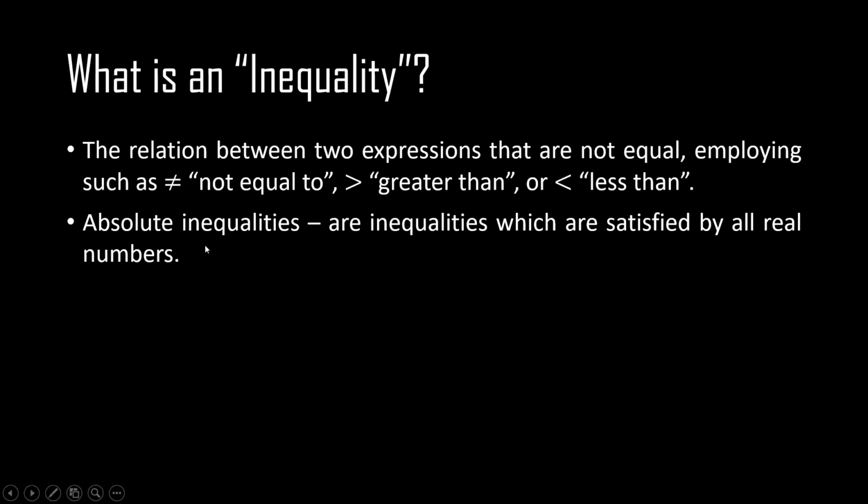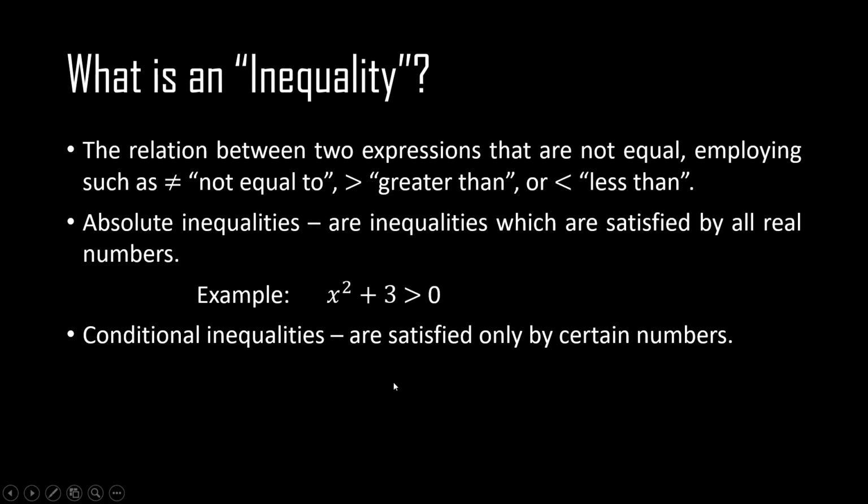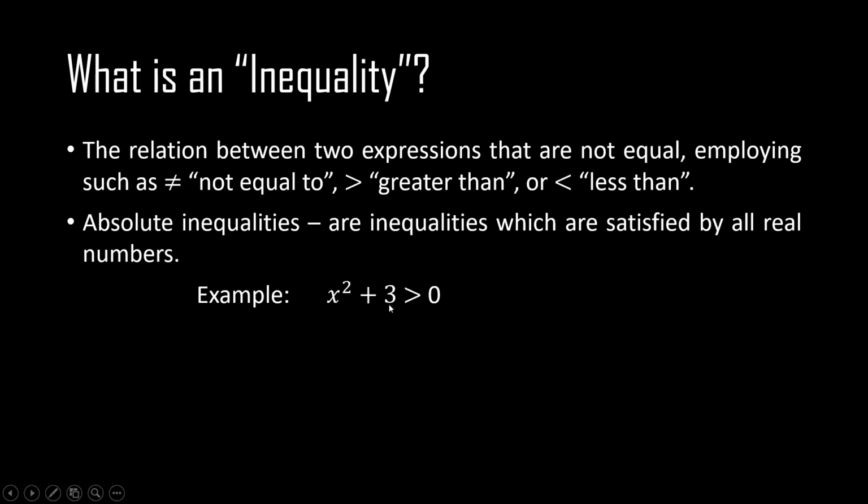The first is the absolute inequalities, which are inequalities that are satisfied by all real numbers. For example, x squared plus 3 is greater than 0. All real numbers can satisfy this inequality.